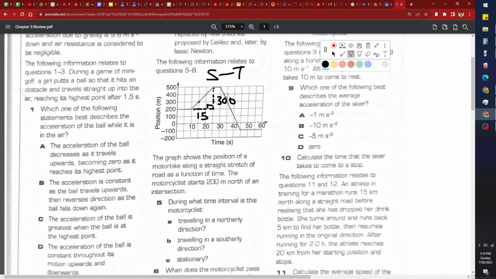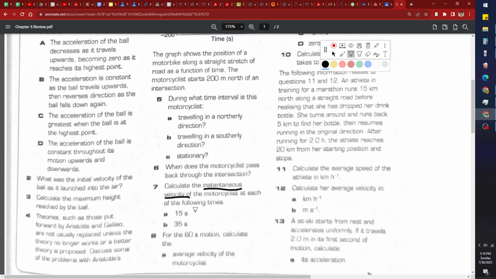So that would give us instantaneous velocity of displacement, which is 300, divided by time, which was 15 seconds. So we can see that he moved at 20 meters per second.